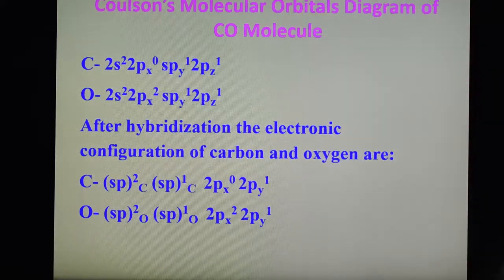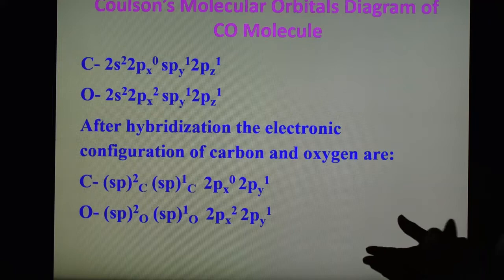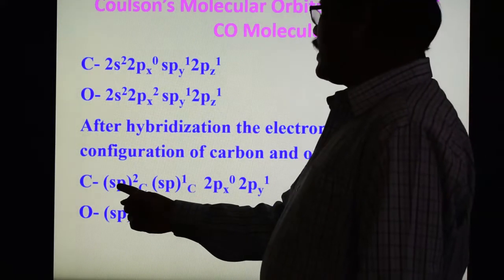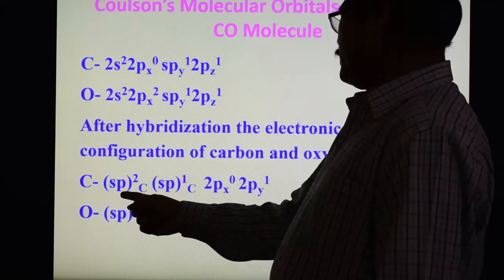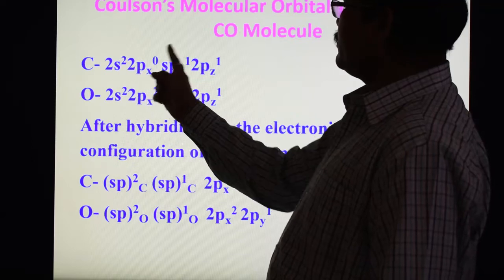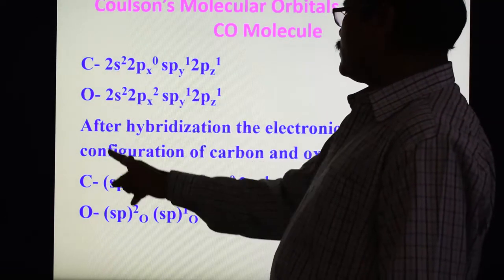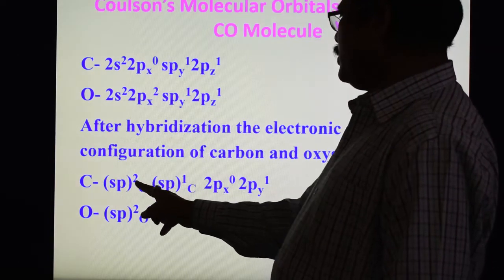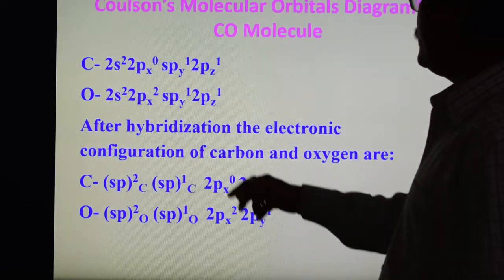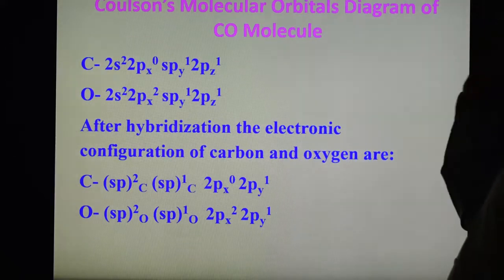After hybridization, we write the electronic configuration of carbon and oxygen again. First write the hybrid orbitals, as they have lower energy. So sp(c)2, because 2s2 was there; after mixing, the hybrid orbitals have the same energy, so 2 electrons here, sp(c)2, and 1 electron here, sp(c)1, and the remaining two orbitals are as they are, 2px0 2py1.